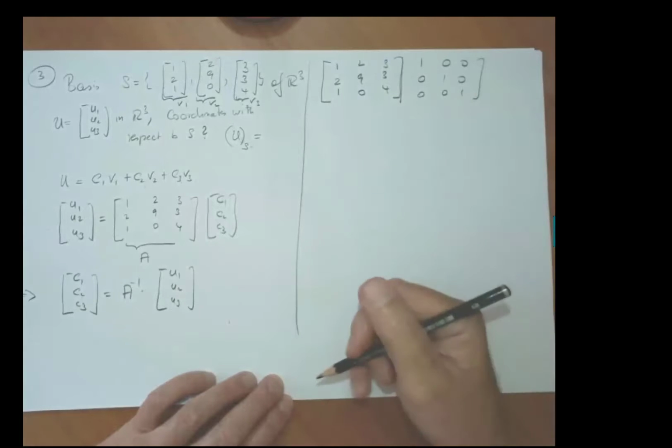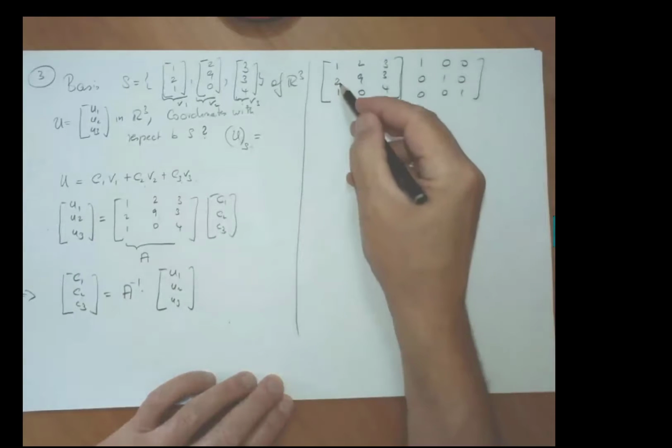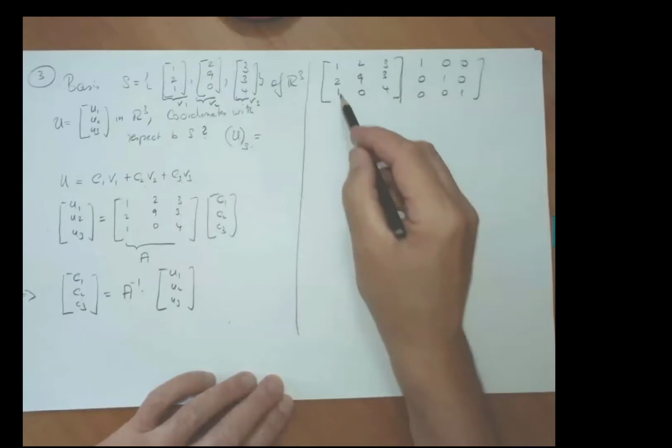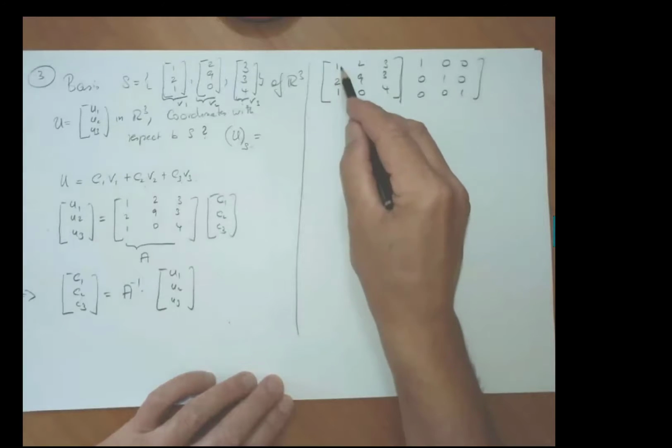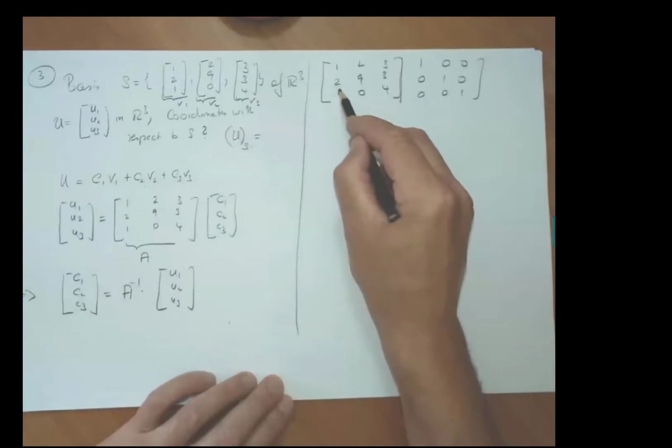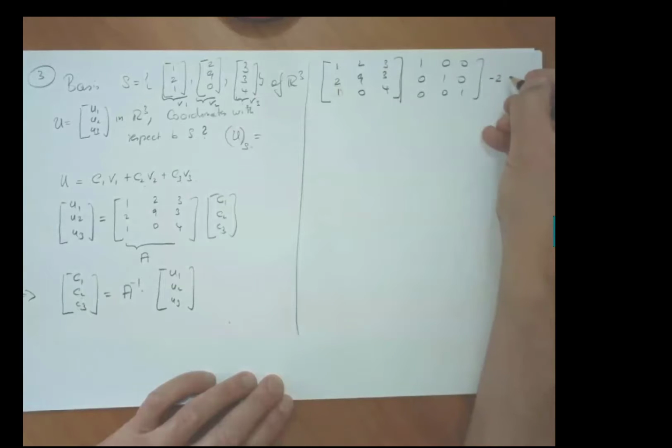And again, our book, I think, made it pretty nice for us, so I don't think it's too complicated. Here we have to subtract 2 times row 1. Here you have to subtract 1 times row 1. At least that's how we can do it.